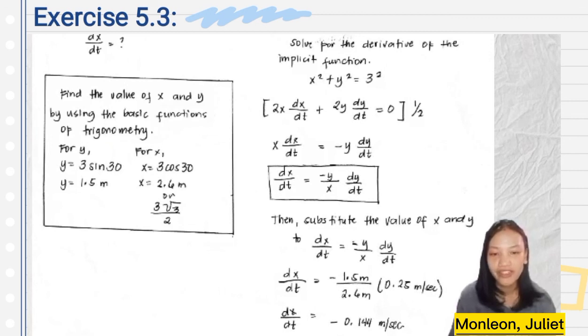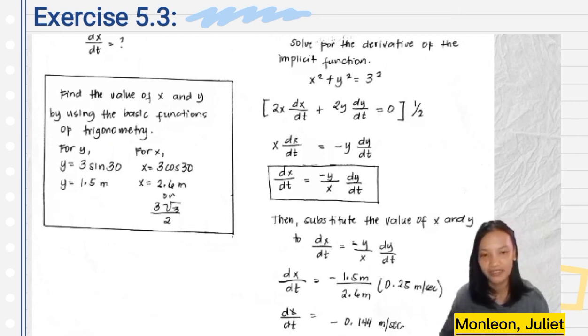So dx/dt is equal to negative 1.5 meter over 2.6 meter multiplied by the given dy/dt, which is equal to 0.25 meter per second.